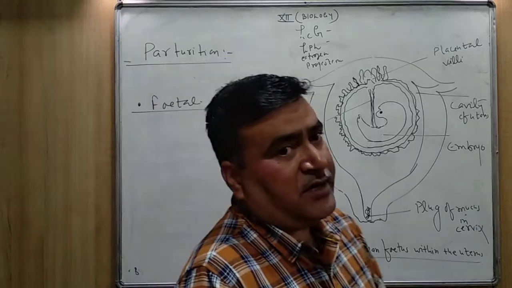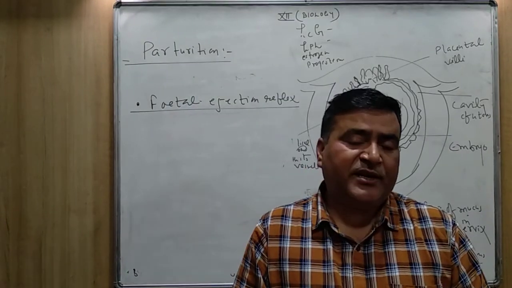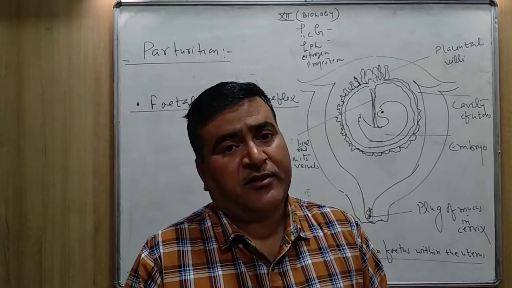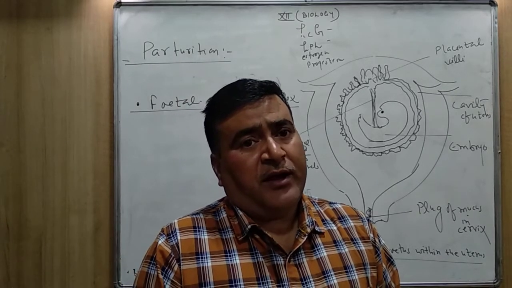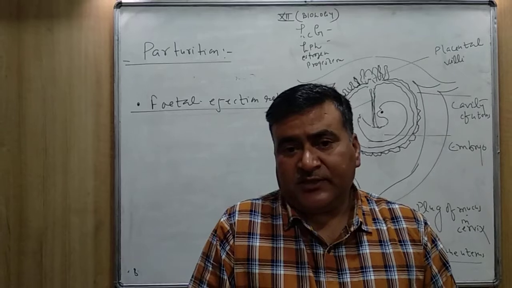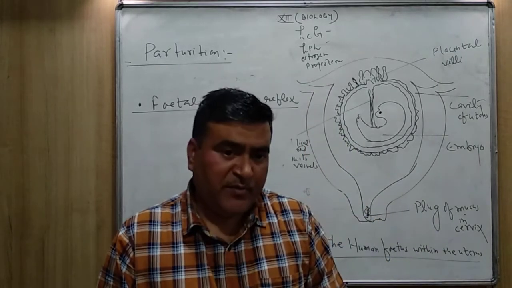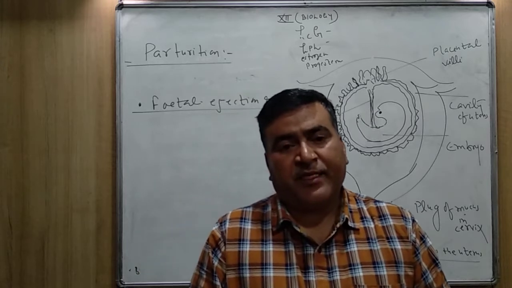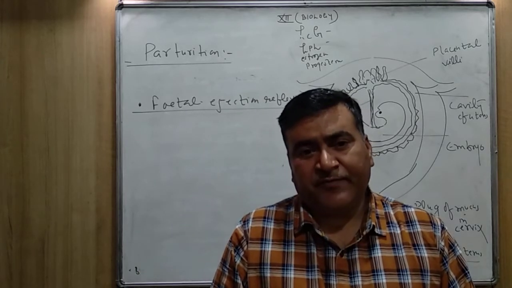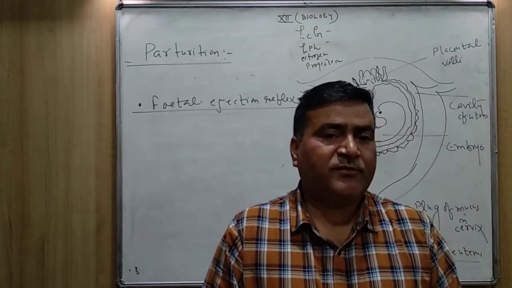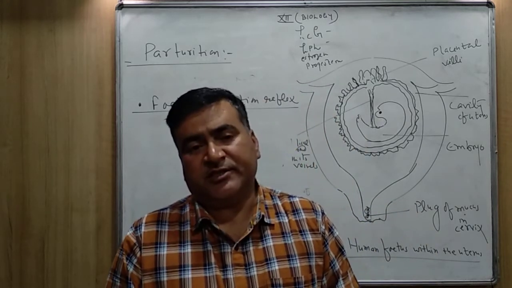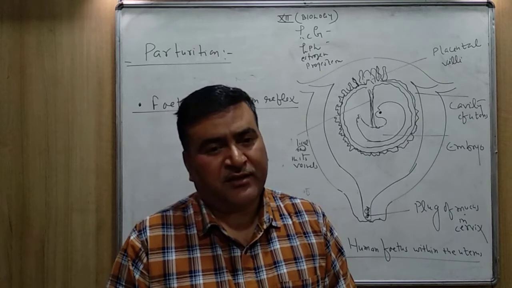Now, after parturition, the next heading, the last heading of this chapter, is lactation. And you know, to nourish the young ones, the newborn baby, the mother's mammary gland produces milk, and this process of the production of milk to nourish the young ones is called lactation.